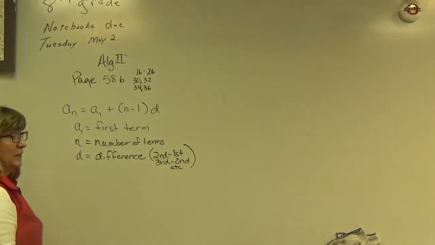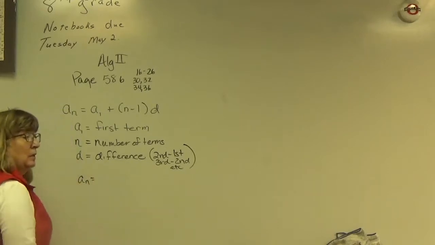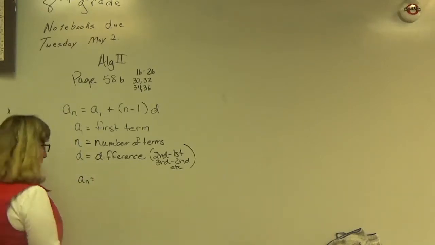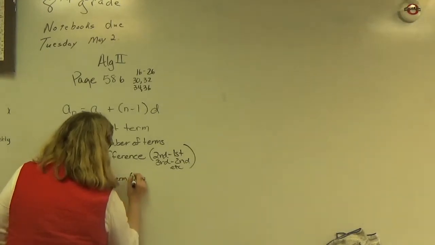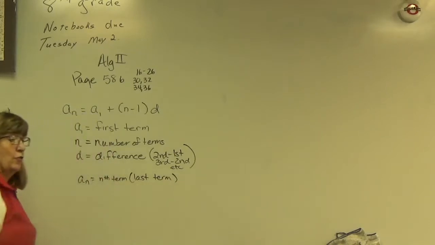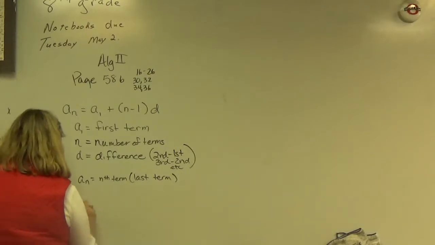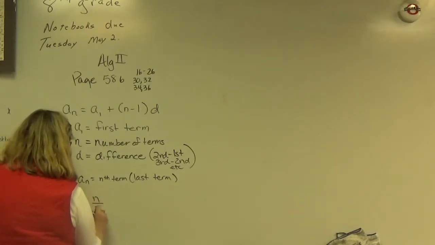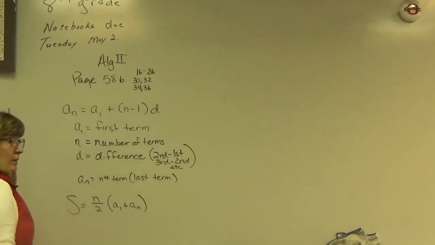Okay, and what does a sub n stand for, Nicholas? The nth term, or last term if you prefer. Now we're going to be using this formula again today, but we're going to add one to it, and it's going to be the sum of an arithmetic sequence.